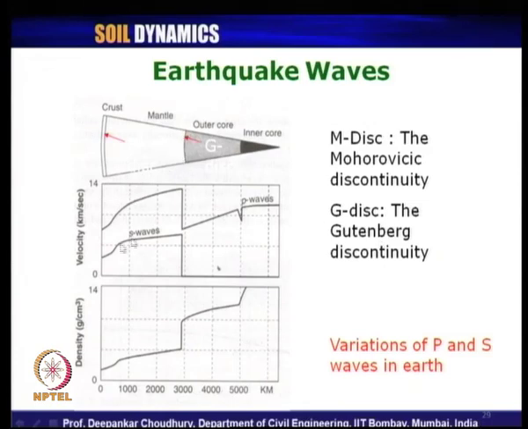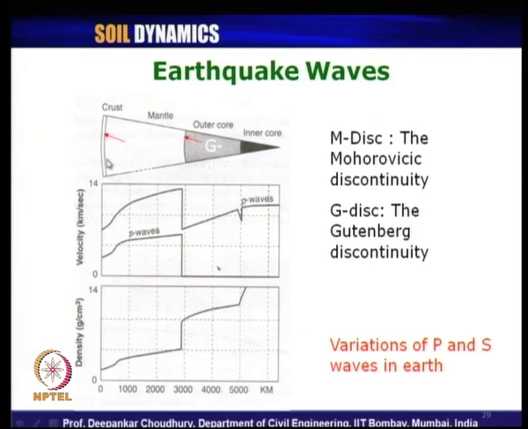Okay? So, how do the P wave and S wave velocities vary as we go from the crust to the inner core in terms of distance? The x axis shows distance in kilometers, and this first graph shows velocity in kilometers per second. The P wave crustal velocity is about 6 kilometers per second.